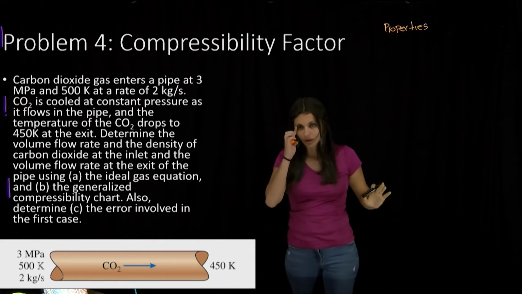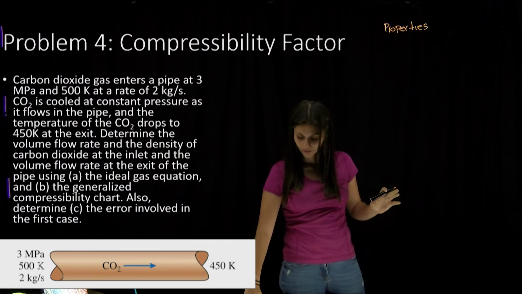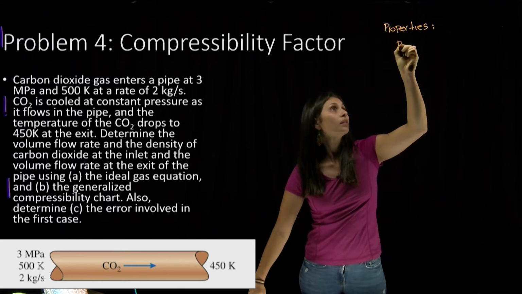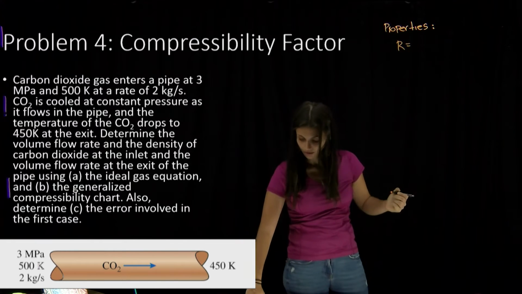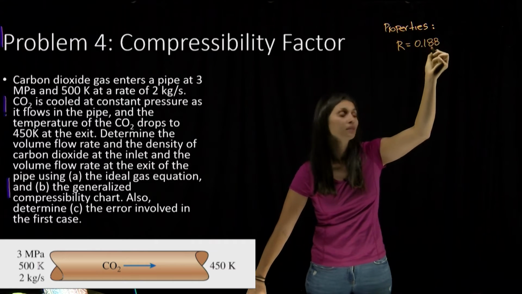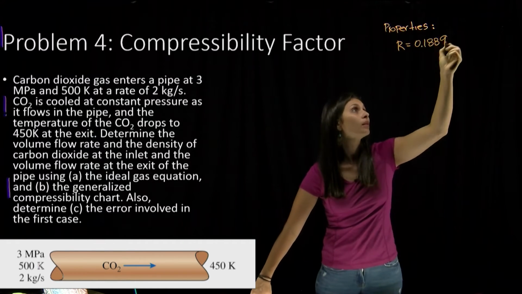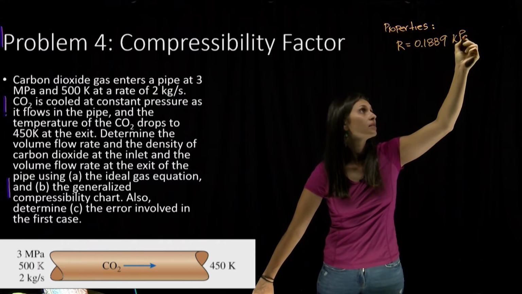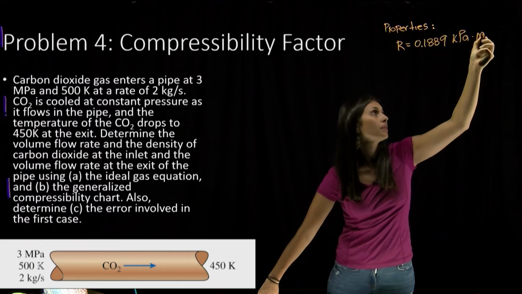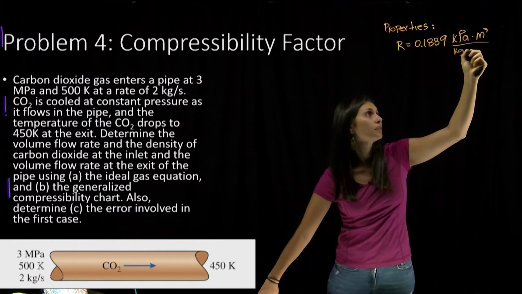In this case, for CO2, we have the gas constant as 0.1889 kilopascals cubic meter per kilogram Kelvin.